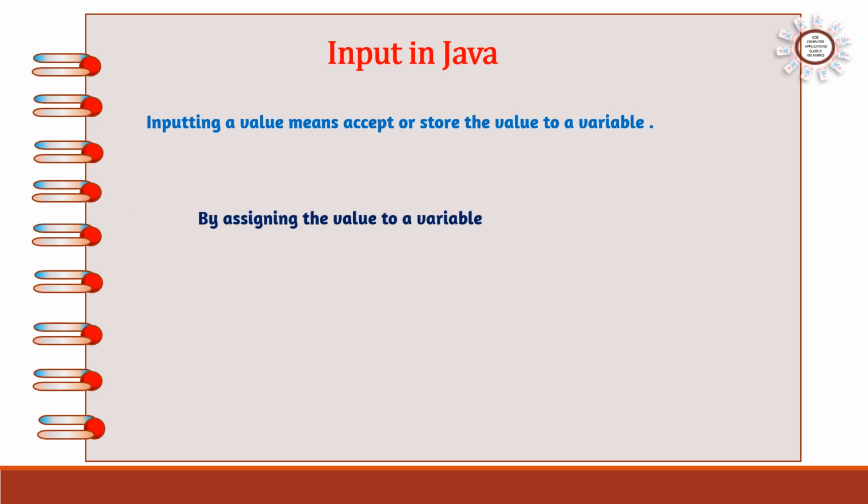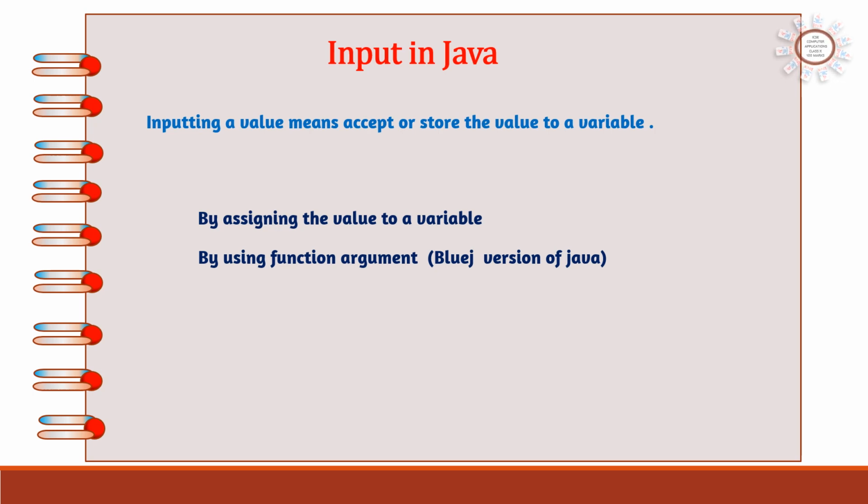First way, by assigning the value to a variable. Here we are not inputting, we are just storing a given value to a variable, and with this value the program will compile and give the result. And second type, this is only useful in BlueJ version, no other type of Java. Here we can use the function argument.